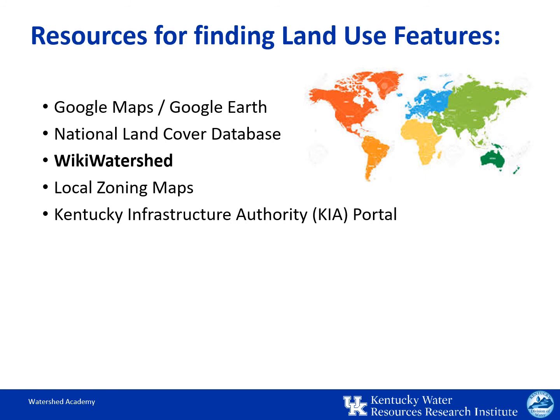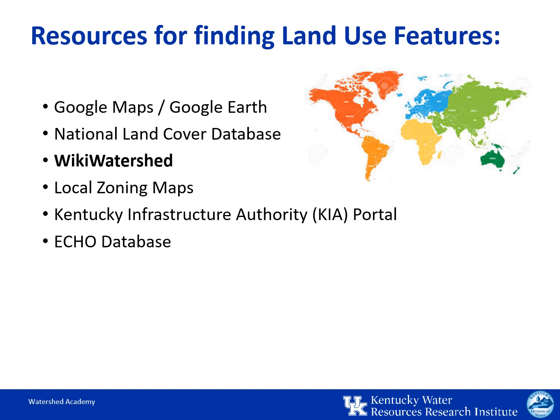The Kentucky Infrastructure Authority portal is a useful tool for learning about local drinking water and wastewater systems and where cities and towns may be planning for infrastructure improvements or expansion. Map coverages from the KIA and regional area development districts can also help determine sewered versus non-sewered residences.